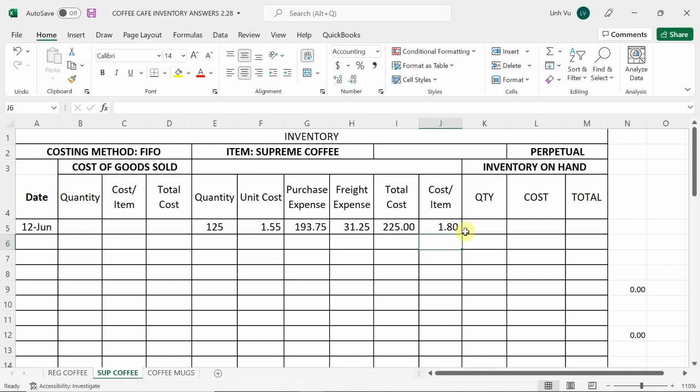And this is what I want you to do. I find this the best for me because I don't like to have to keep calculating this over and over. What I'm going to do is copy over my quantity, and copy over my cost per item.